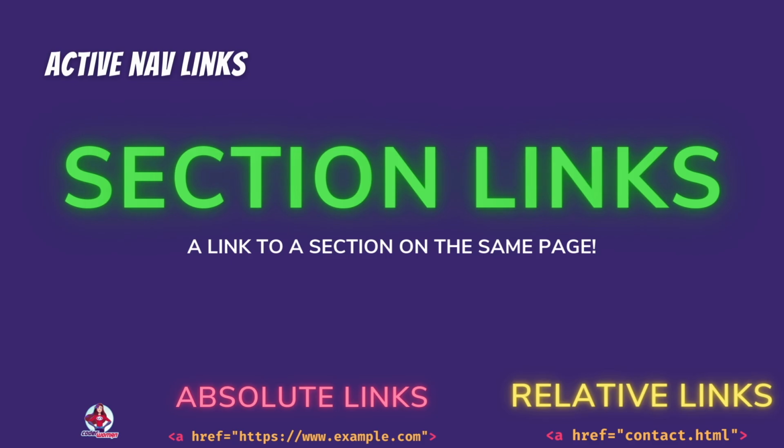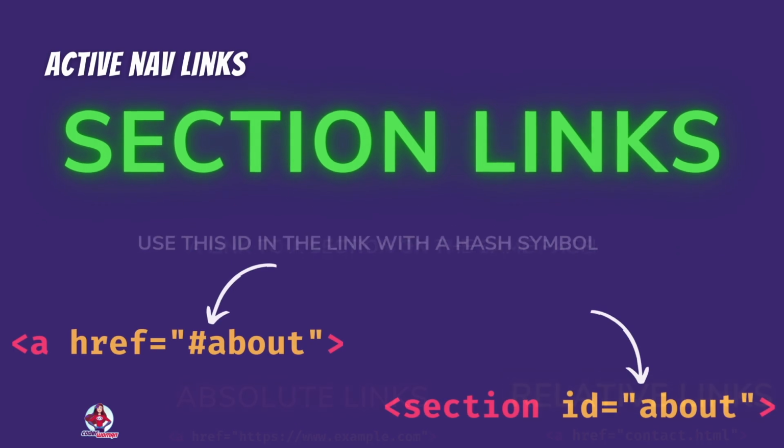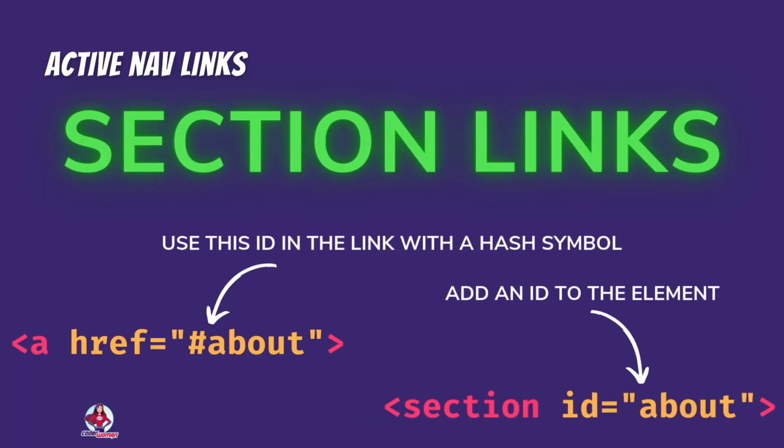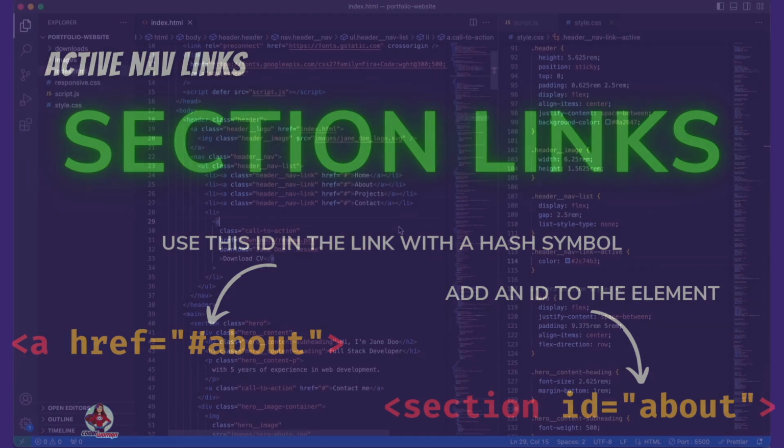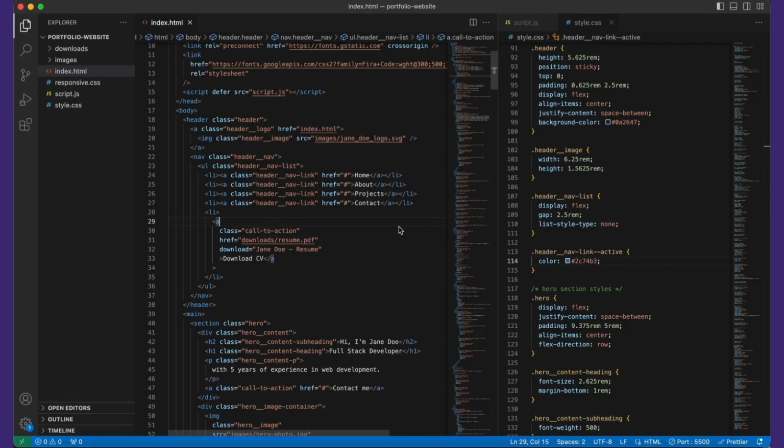How do we do that? To make this work, we need two things. First, we need to add an ID to the element we are interested in. Second, we need to use the name of that ID in the link with a hash symbol. Let me show you an example on our page.